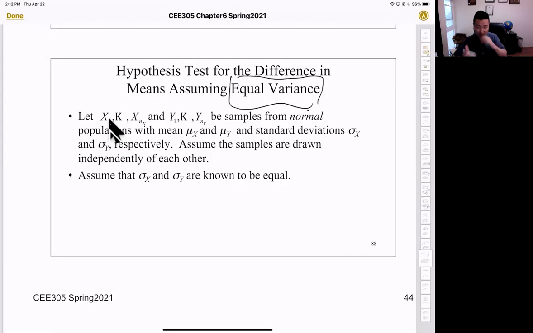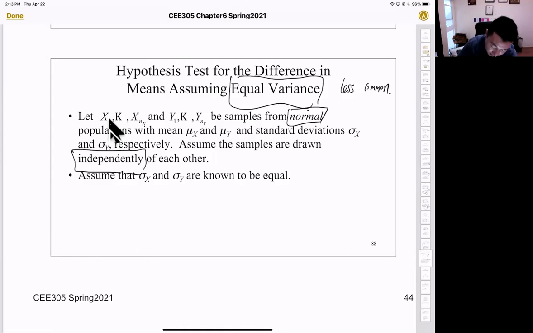But this is a special situation when the variances are equal. This is less common. It still requires normal distribution, and it still requires the samples to be independent of each other.